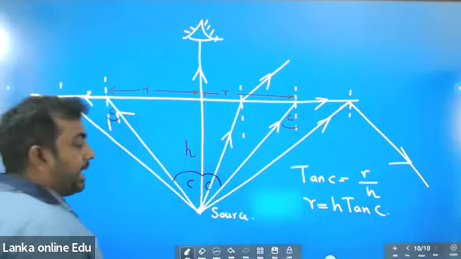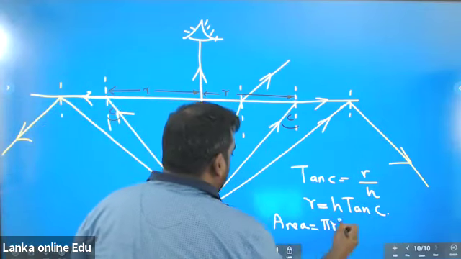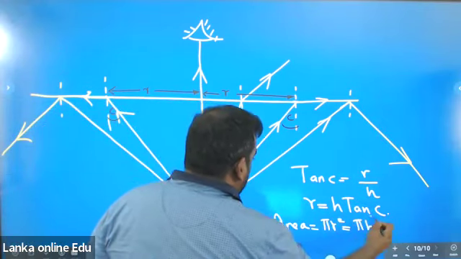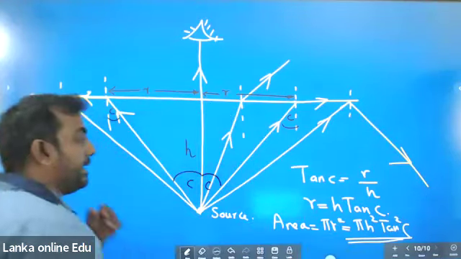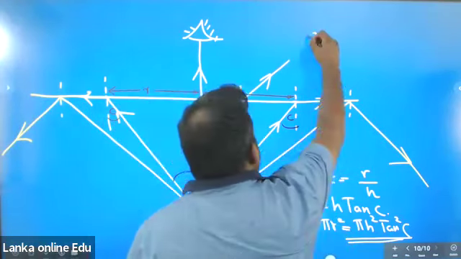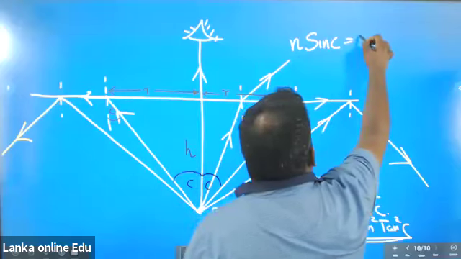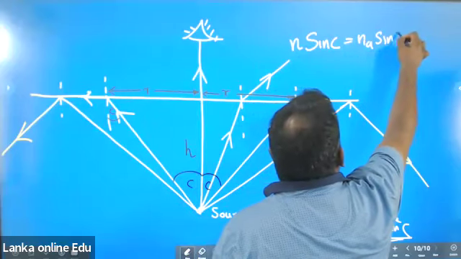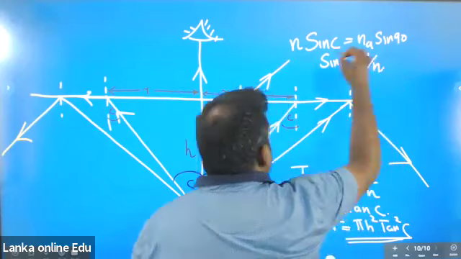What about the area? Area is equal to pi R squared, which is pi H squared tan squared C. Is there another way to represent this? Yes. Have a look. n sin C equals 1 times sin 90, so sin C is equal to 1 over n.